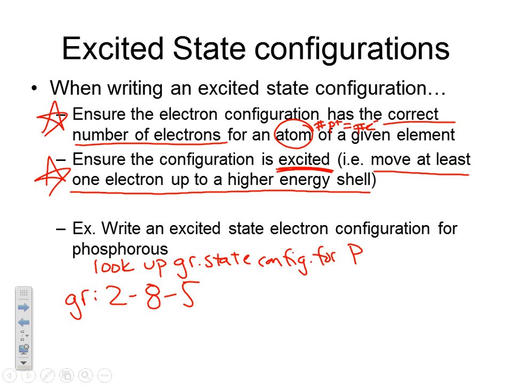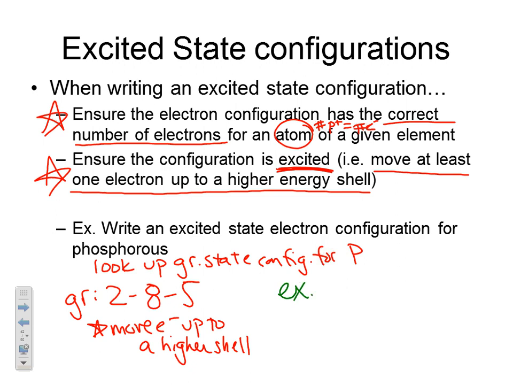So what you want to do is alter this configuration by moving at least 1 electron up to a higher energy shell. There are truly thousands of ways that you can do this with these 15 electrons. So I'm going to give you lots of examples. 2-8-5.